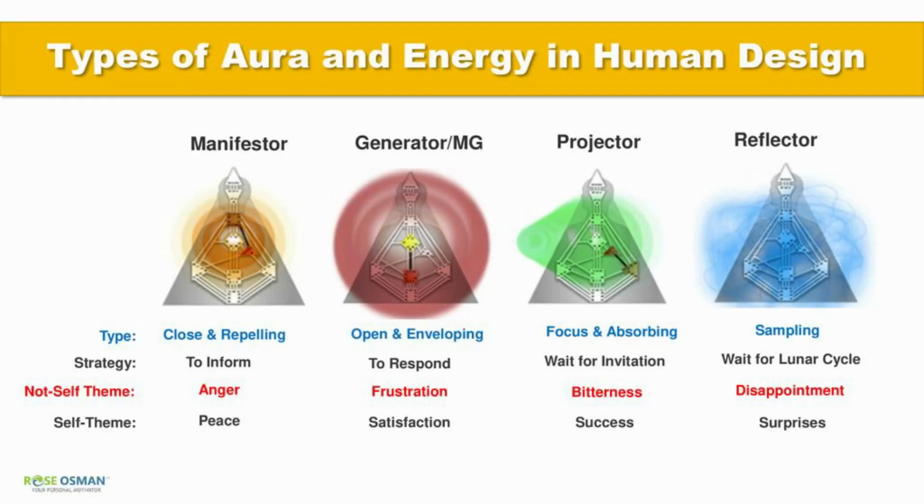They would, however, look at the manifestor energy field aura as being closed and repelling. And they would look at the manifesting generator aura field energy as being open and enveloping.